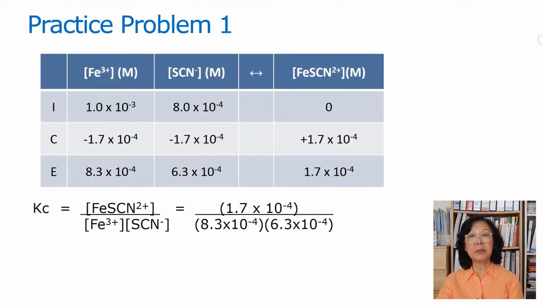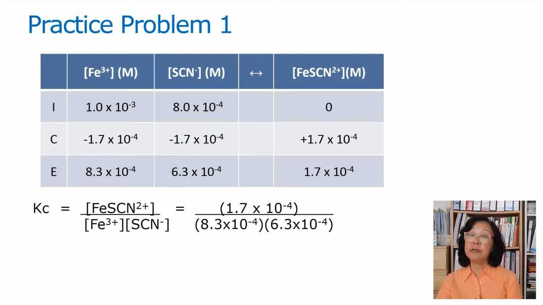So now here's the setup of the ICE table, in which you start with 1 times 10 to the negative 3 for the iron and 8 times 10 to the negative 4 for the thiocyanate. Now we take away 1.7 times 10 to the negative 4 molar from each of the reactants and add that amount to the product.